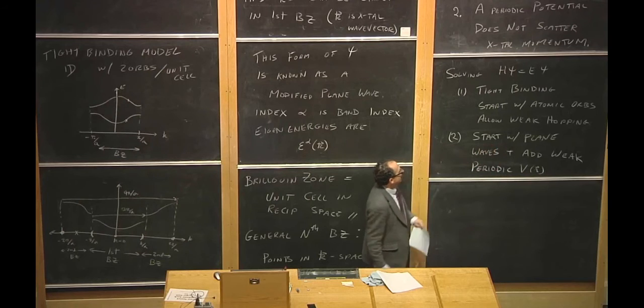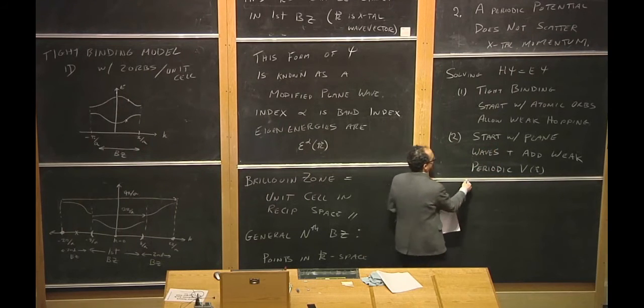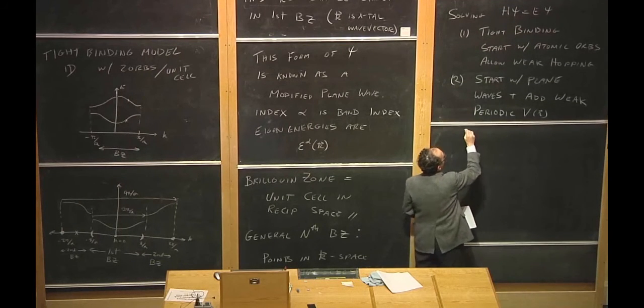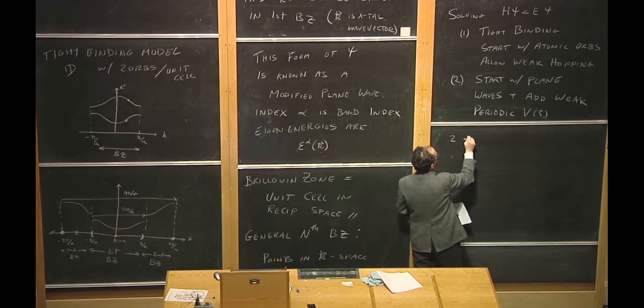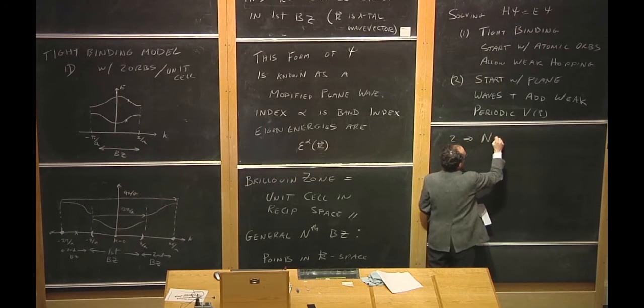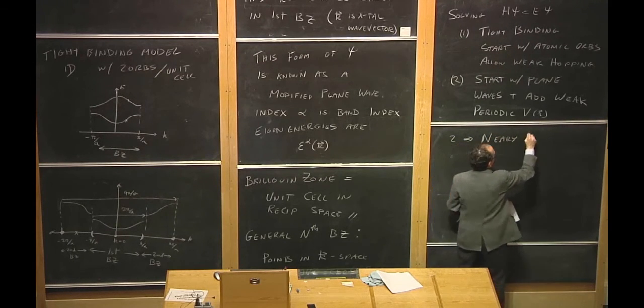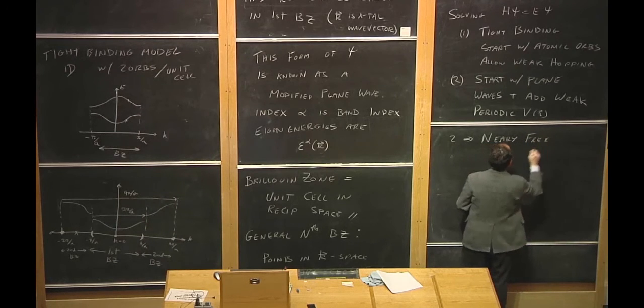So it's entirely the opposite way of looking at things. This approach, approach 2, is known as the nearly free electron model.